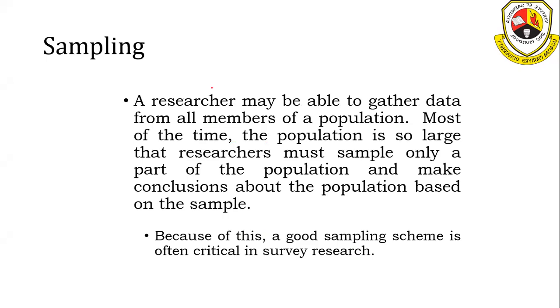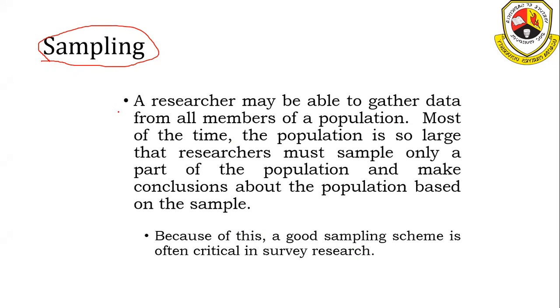Now, because we are dealing with quantitative data, one of the key things with the survey method is sampling. Sampling is extremely important. Many times when you see somebody writing their research, everyone wants to talk about sampling, but in some cases sampling is actually not necessary.